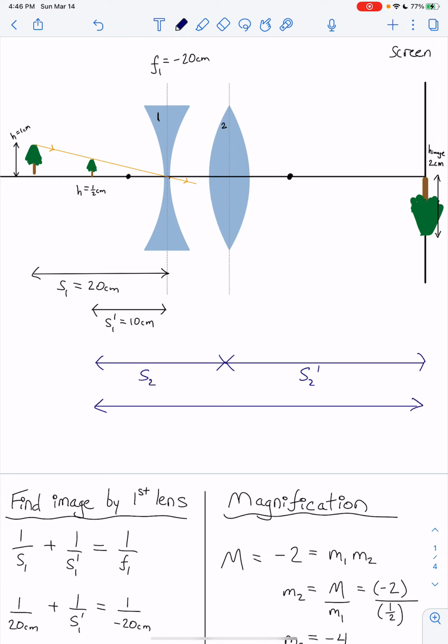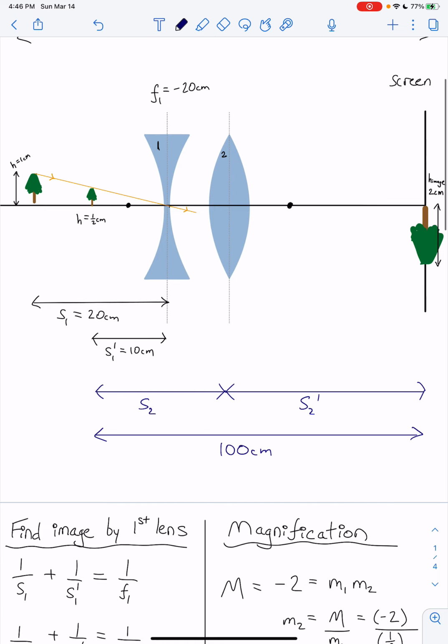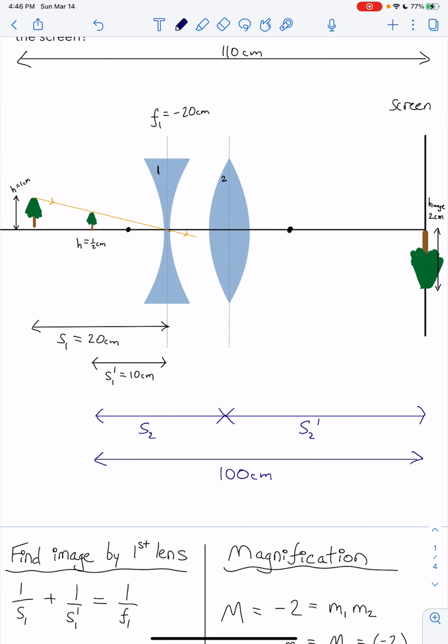We also know that that whole length is going to be 100 centimeters, because we know that the distance from the screen to the original object is 110 centimeters, and then the distance from the original object to that first image is going to be 10 centimeters.